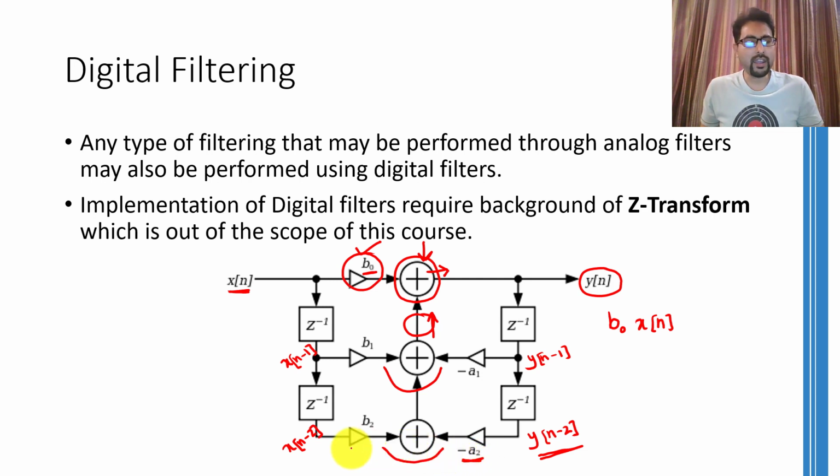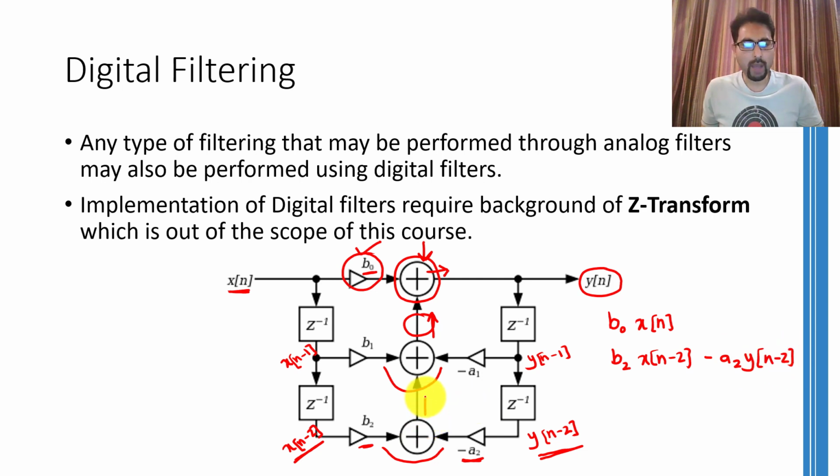It is being added into the previous to previous input, that is x of n minus 2 multiplied with b2. So the output term is going to have these two quantities. We can write them over here. We are going to have b2 x of n minus 2 minus a2 y of n minus 2.